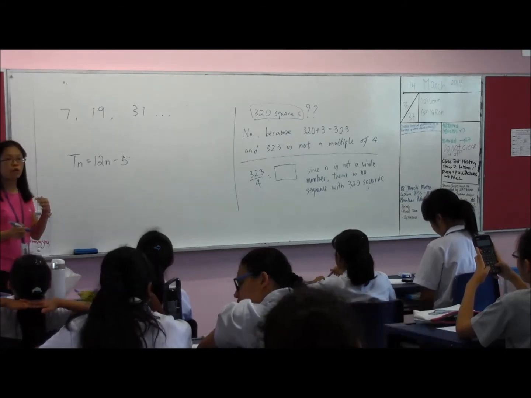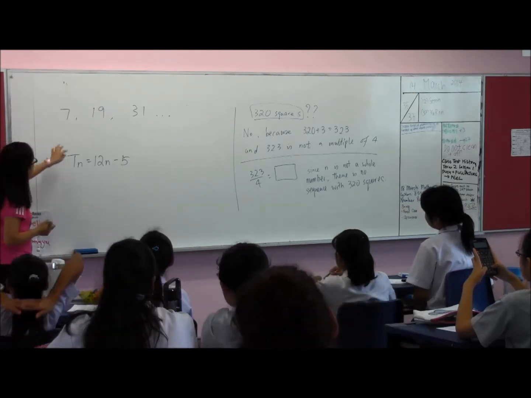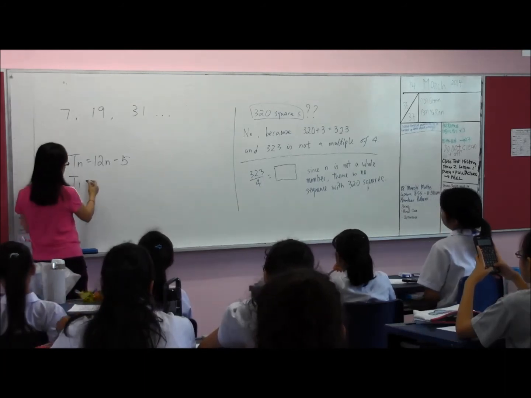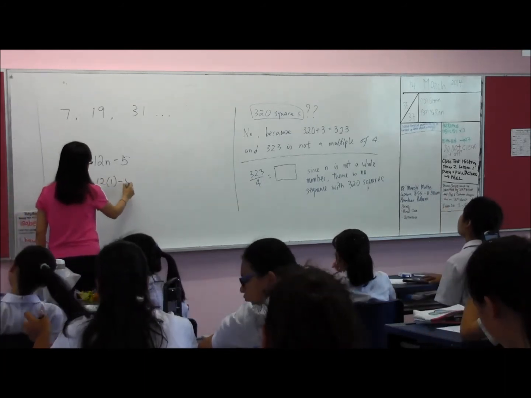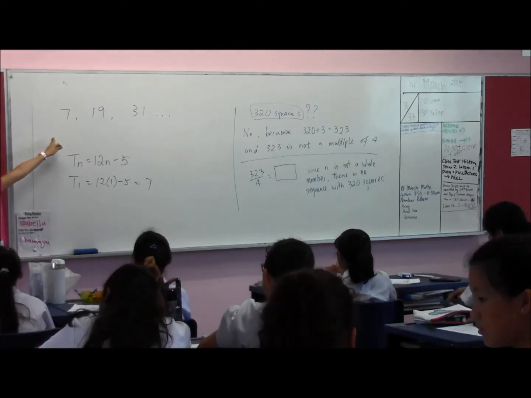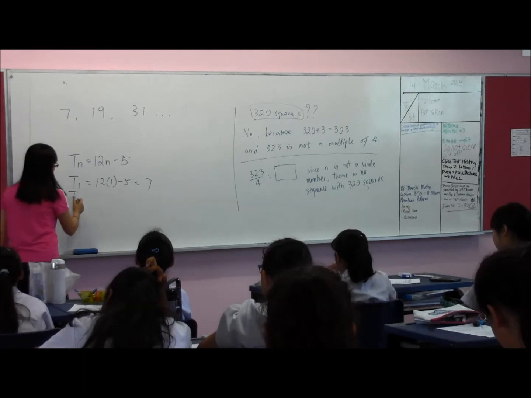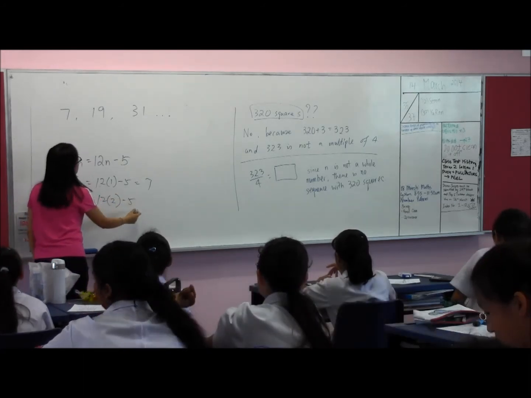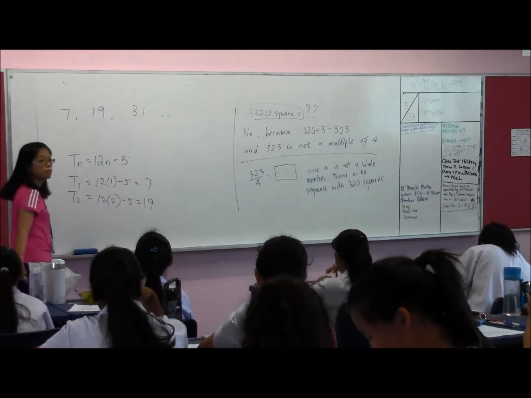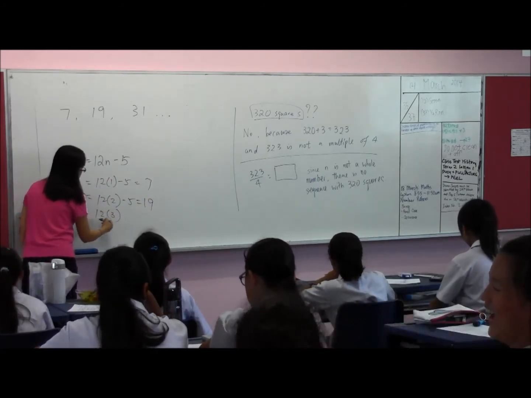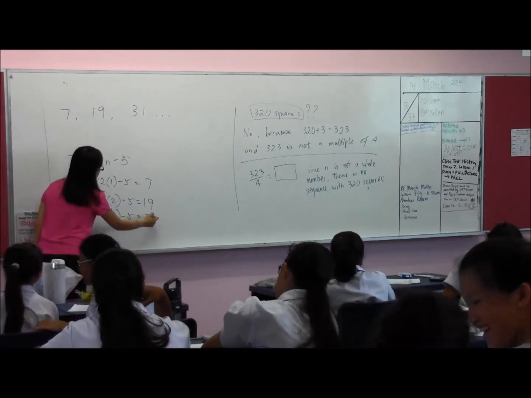Okay, how do I do this? Let's check. When T1, the first term, will be 12 times 1 minus 5, which is 7, correct? Yes. When n is 2, 12 times 2, 24 minus 5, 19. Yes. When n is 3, 12 times 3, 36 minus 5, 31.